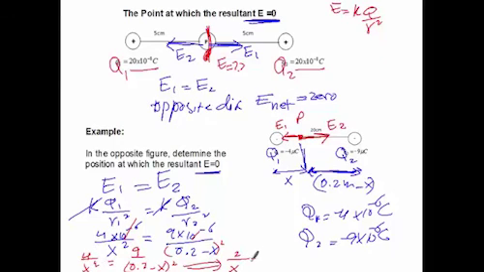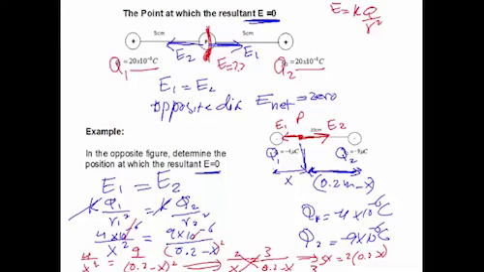The square root of 9 is 3, over 0.2 minus x. So 3x equals 2 times (0.2 minus x).